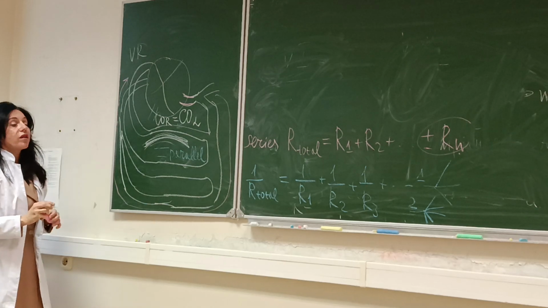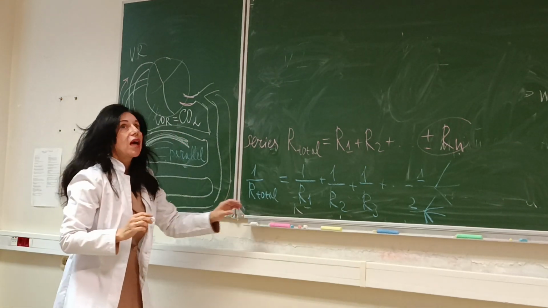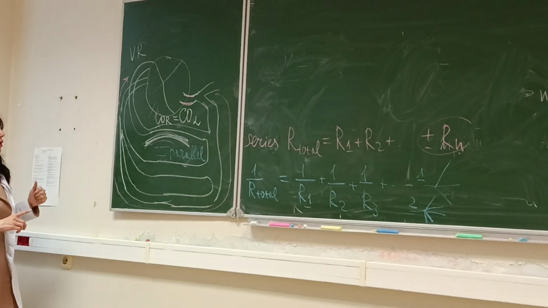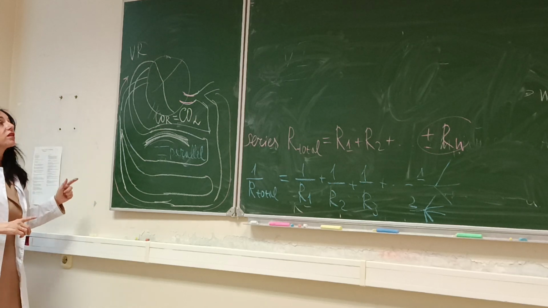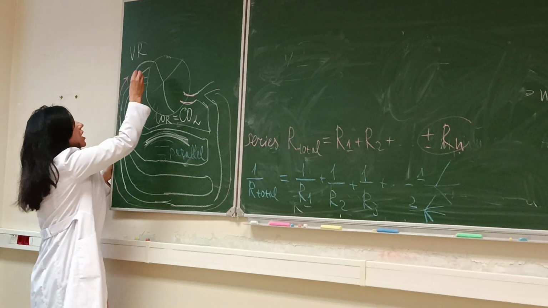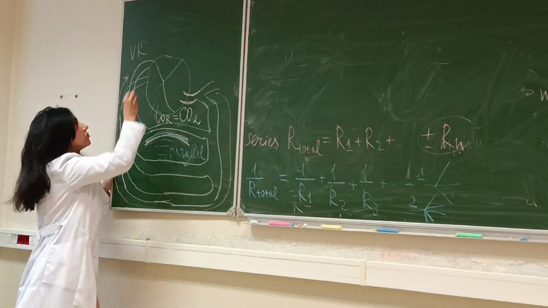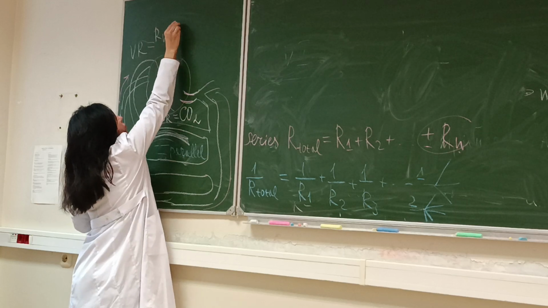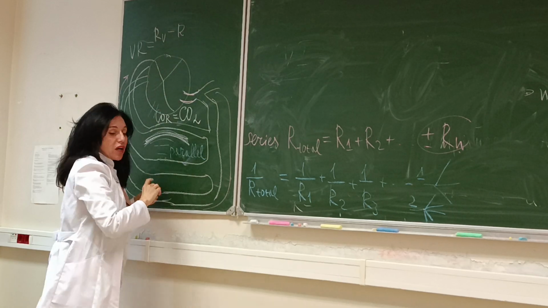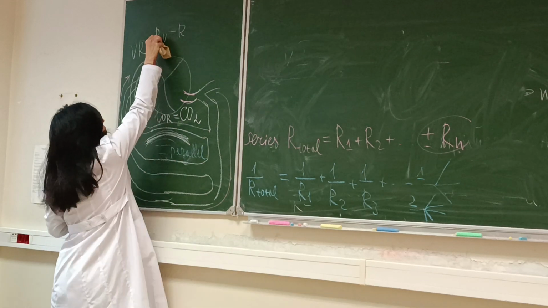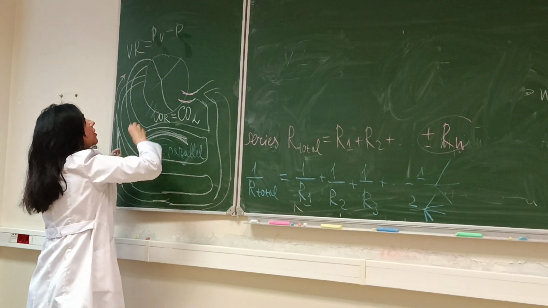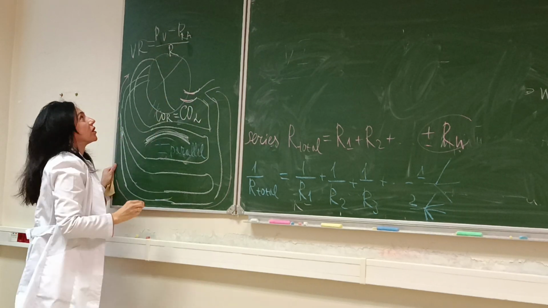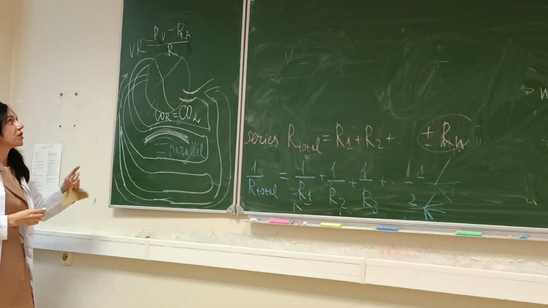Venous return depends on resistance of veins and blood pressure gradient between the beginning of veins and the end of veins, in accordance with Ohm's law. Venous return equals P veins minus P right atrium, divided by resistance of veins.